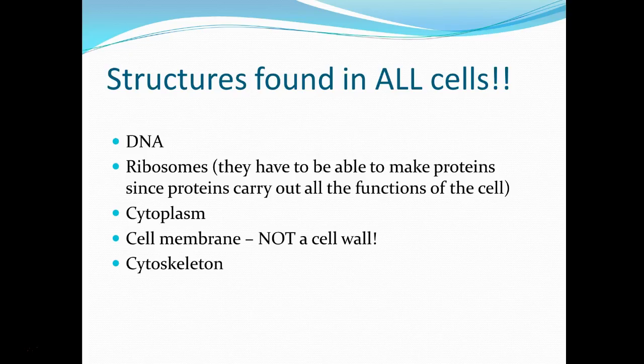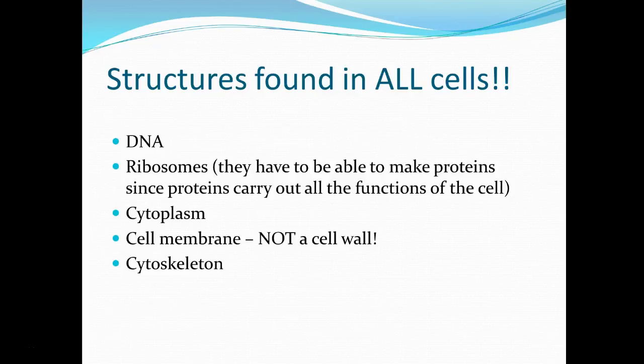Well, all cells have DNA. DNA is the molecule of heredity. It's how a cell will pass traits from itself to the next cell. So it makes sense that DNA would be found in every single cell.